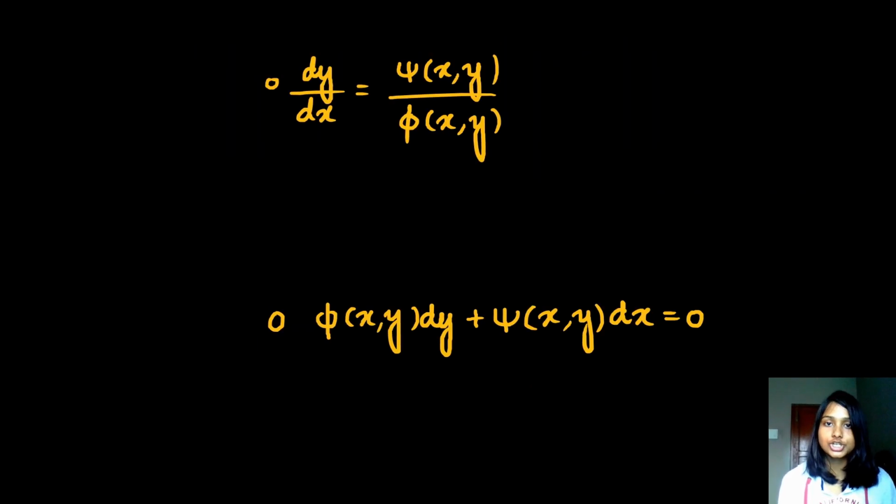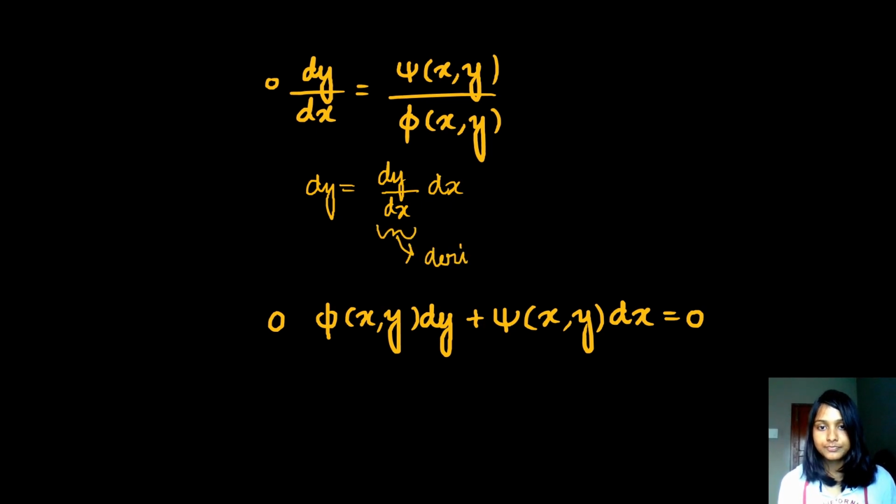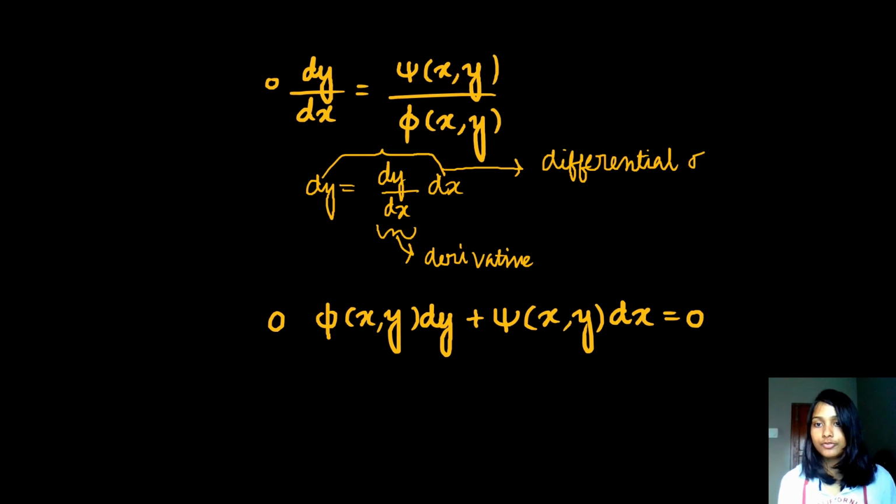Okay, so suppose we have a function like this. In this case, we can always separate this. We can write it as dy equals this dy dx. This is the derivative, and these two here are the differentials of x and y.